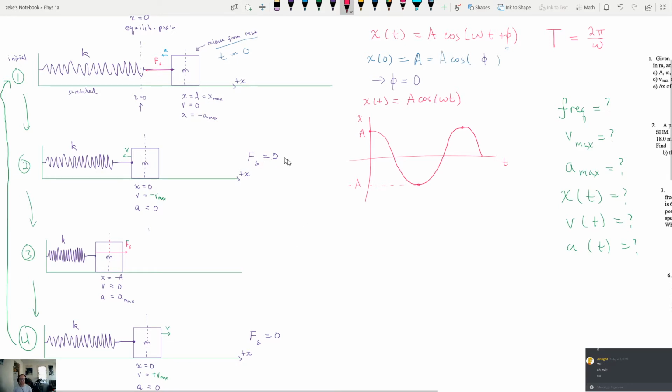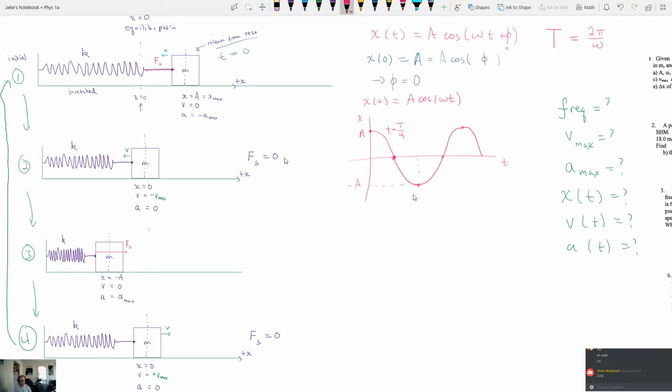Then we can say, if this is t equal to 0, then at what point is this, and this, and this, and this? The first one's going to be at t equal to 1/4 the period. At what point is it going to be at x equal to -A? What time is that going to occur at?